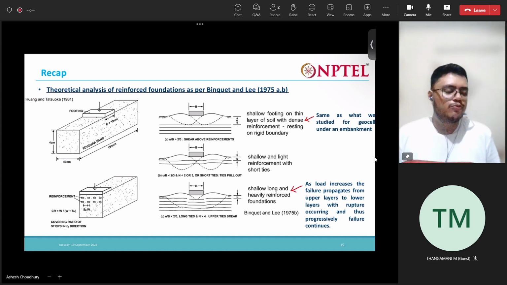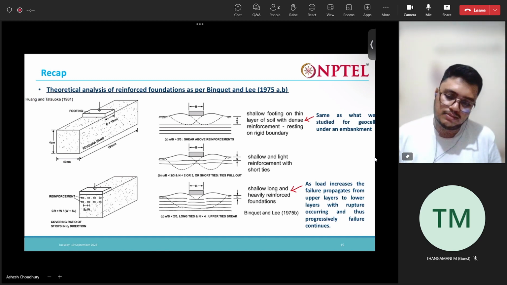Second is pull out failure, where the ties are fewer or shorter. The third mode is the tensile breaking failure, where there are several long ties.